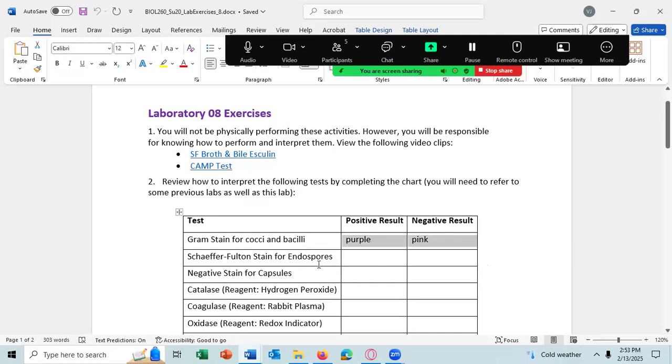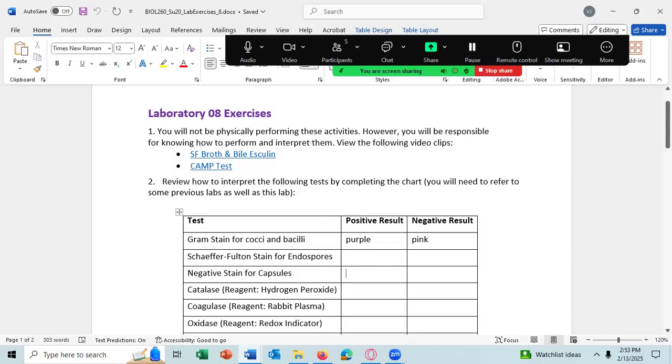So do that for what are the results of the positive test for the Schaefer-Fulton stain for endospores, and then write in the results for the negative result. If you need to, like for this, you probably can do it in a single word, but for the capsule stain, you kind of have to put in a few words, at least, if not a sentence, in which case you can expand the column and add your discussion.